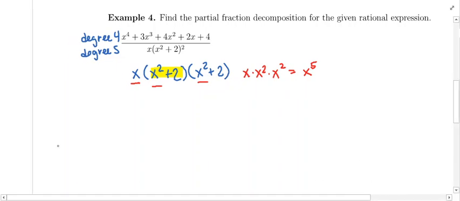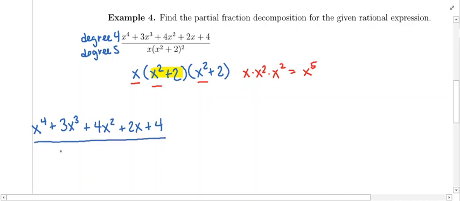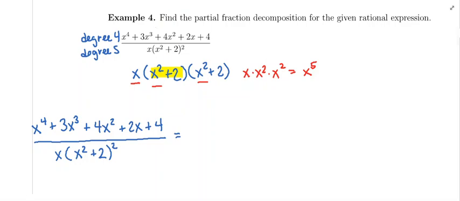Okay, I am going to go ahead and write this whole thing out. So this long numerator, and then here's the bottom. I'll just write it as it comes. When we look at this denominator, like I said, we have two distinct factors.